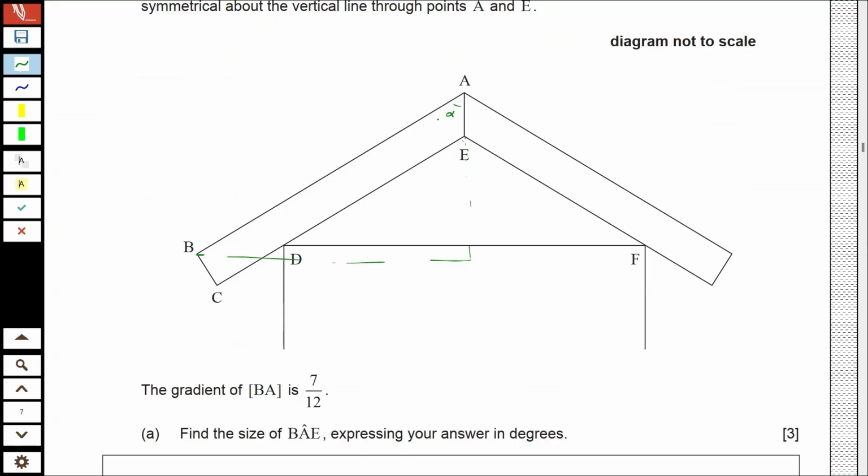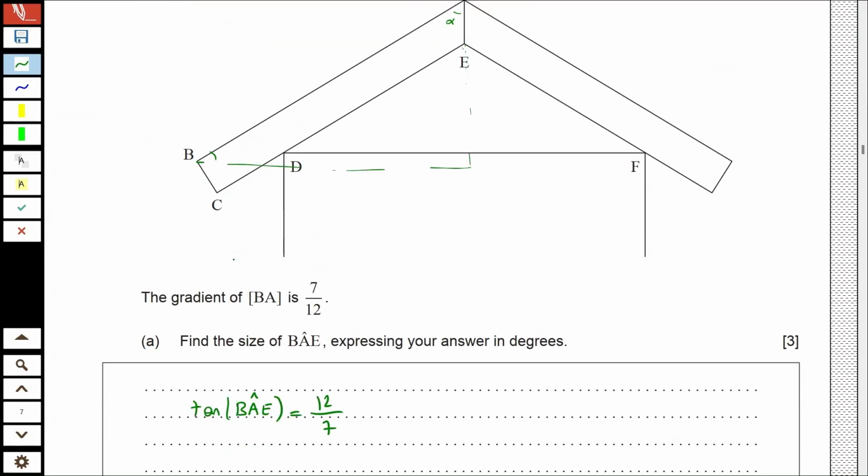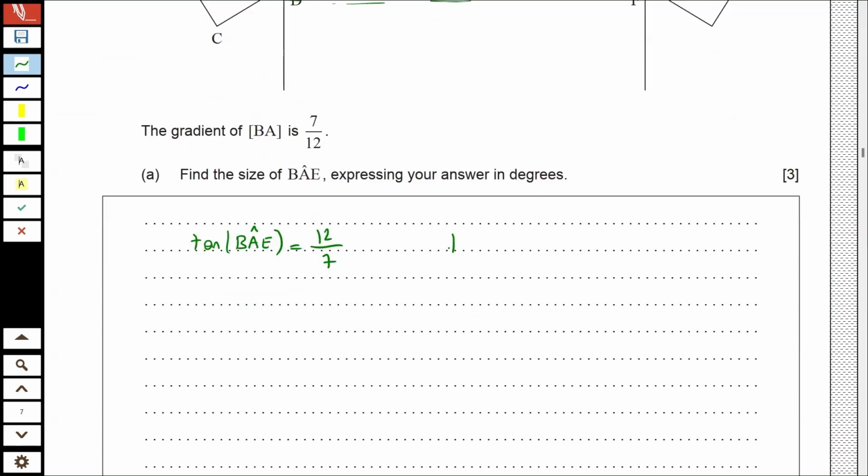The alpha is the opposite of this angle here, which has the gradient 7 over 12. In this case, we are gonna look for the inverse of tan. Inverse of tan of 12 over 7 will be our answer. So let's find this.